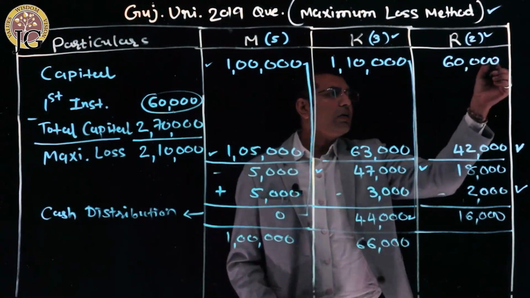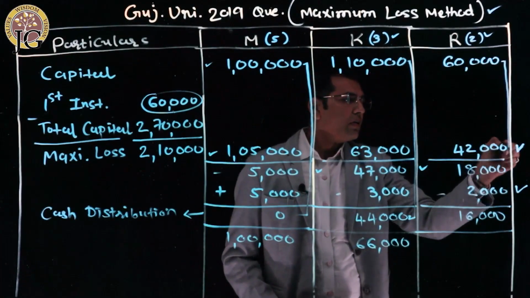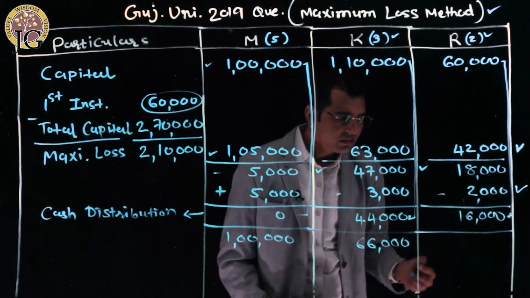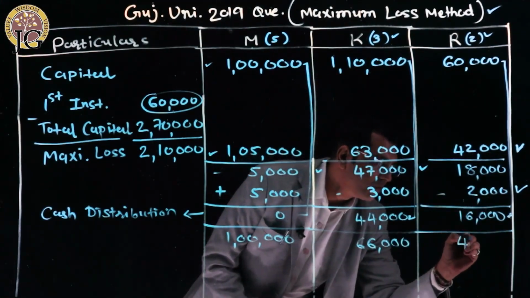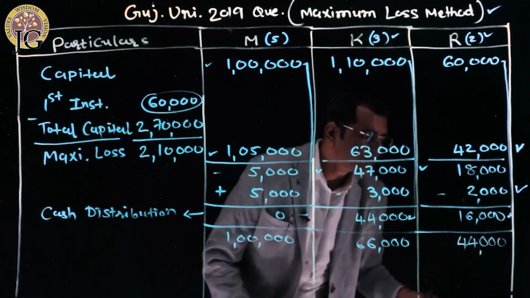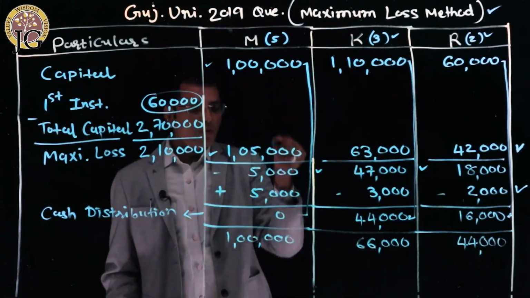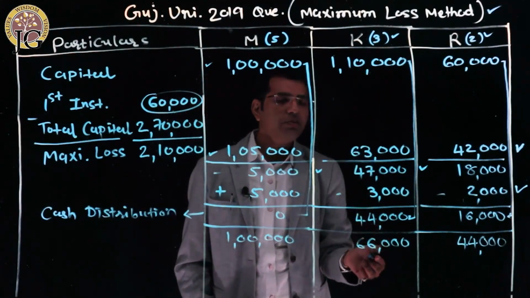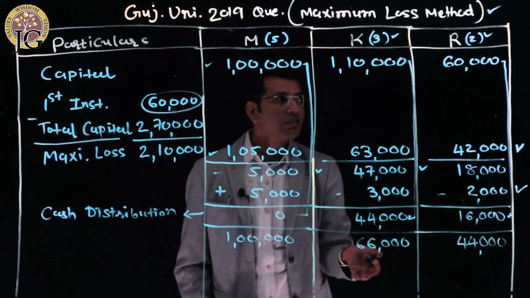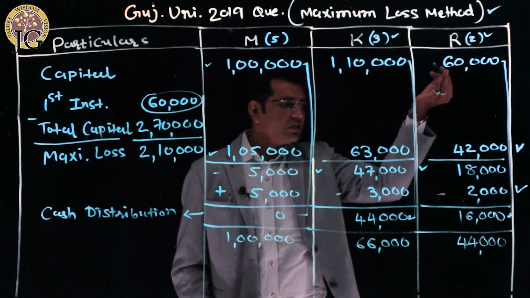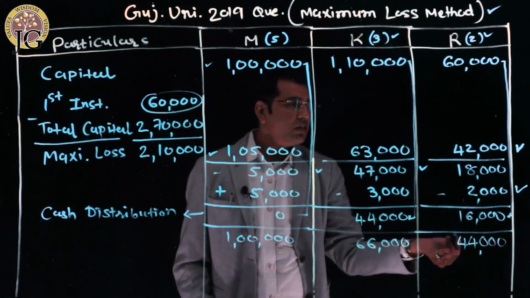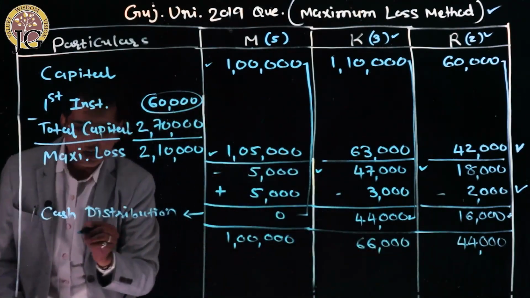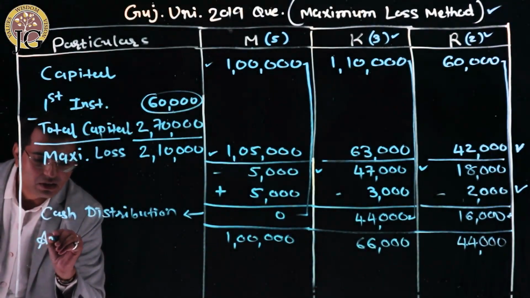And R got 16,000, so 60,000 minus 16,000 is 44,000. मतलब ये कि M को कुछ नहीं मिला है तो M का बैलेंस एज इट इज रहा, K को 44,000 रुपीज मिला है तो K का बैलेंस रहा 66,000 और R को 60,000 में से 16,000 मिला है तो R का बैलेंस रहा 44,000. This is called amount yet to be paid.